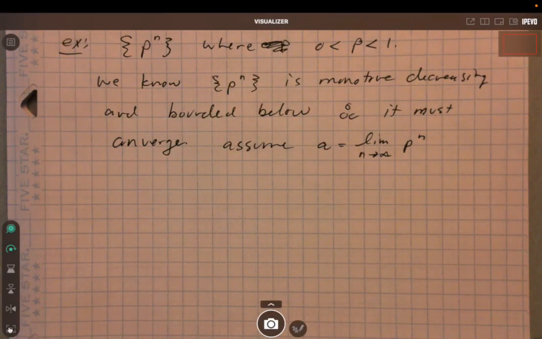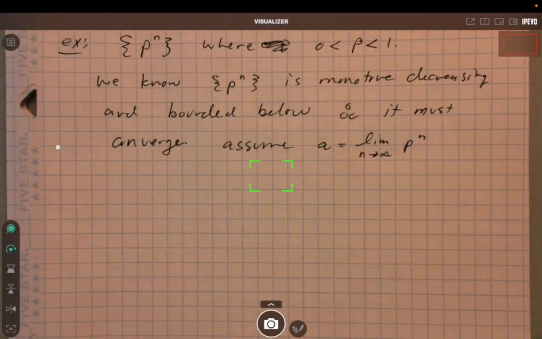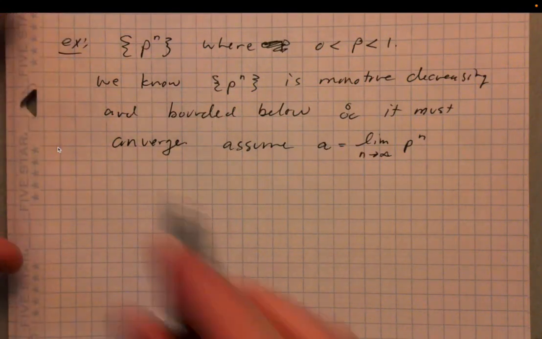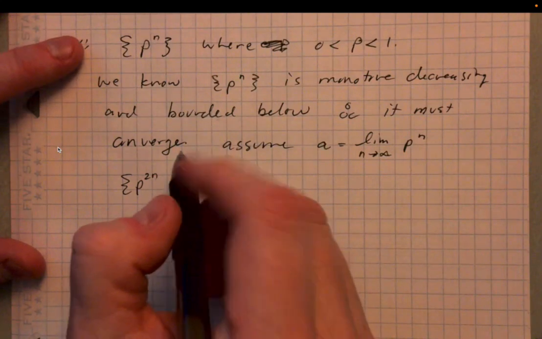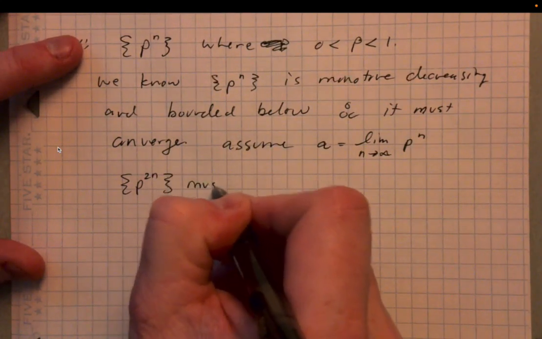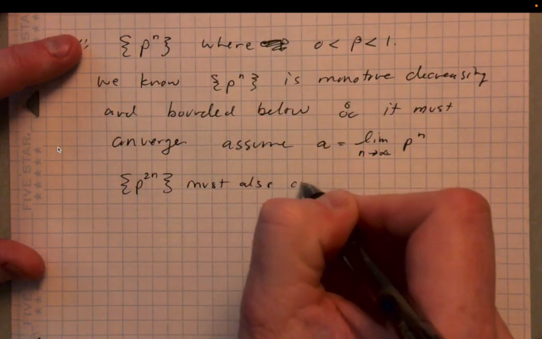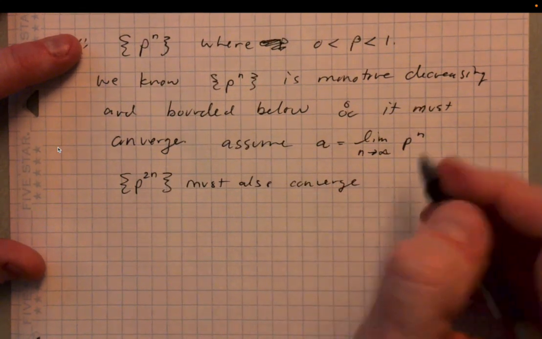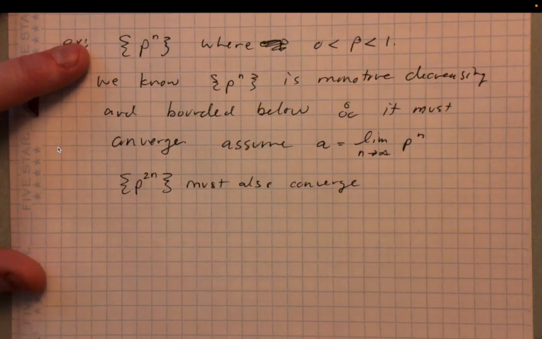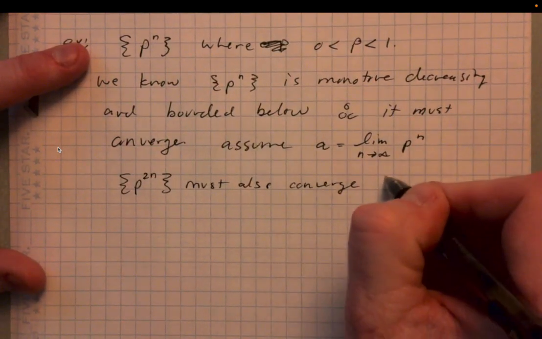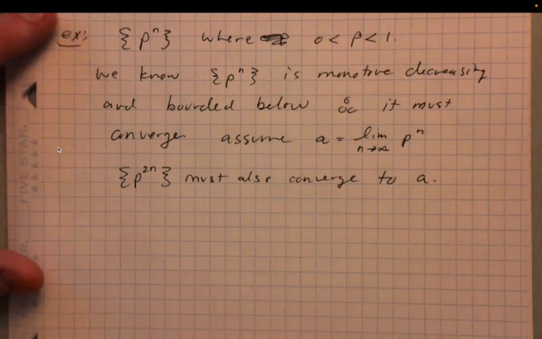So what that means for us is that p to the 2n must also converge. If we take every other term, it must also converge to a.